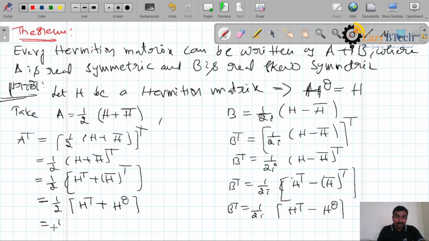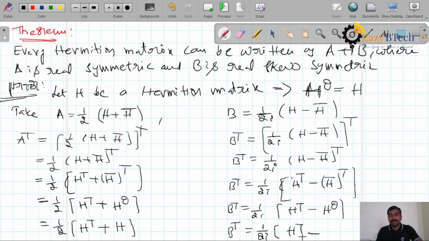Therefore 1 by 2 into H transpose plus H power theta. Here also B transpose equals 1 by 2i into H transpose minus H power theta.